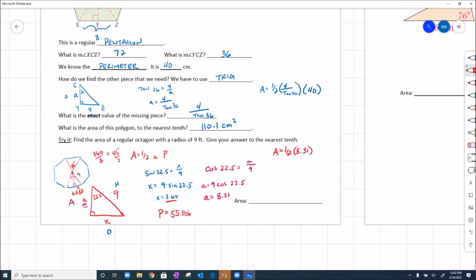Point 6. Okay. So area is 1/2 the apothem times our perimeter, which should give us 228.96. And so we'll say 229.0 as we round to the nearest tenth, feet squared.